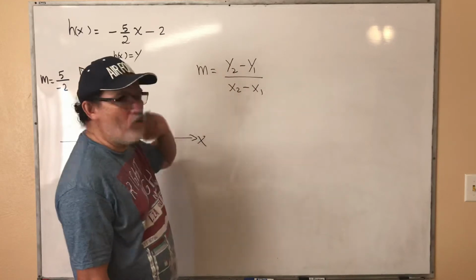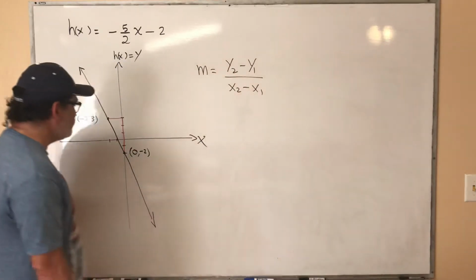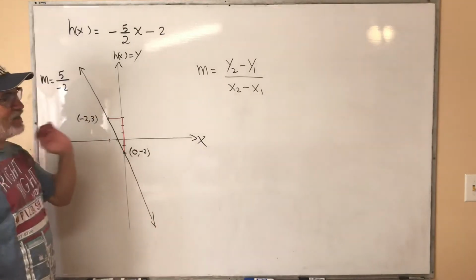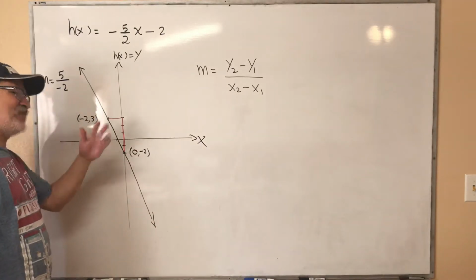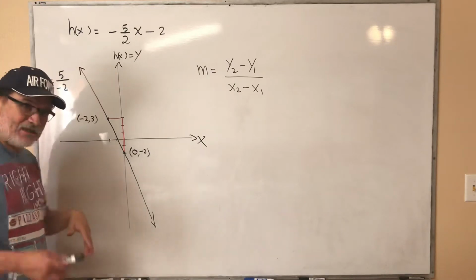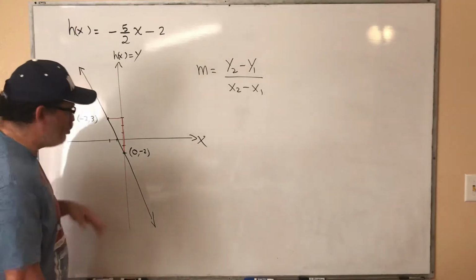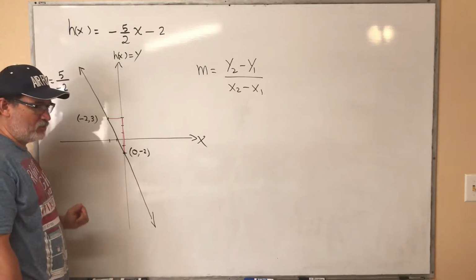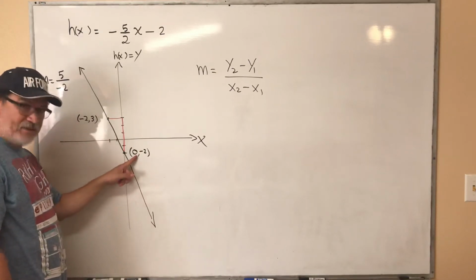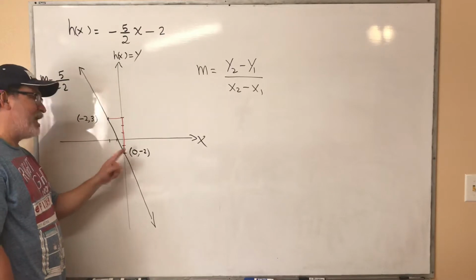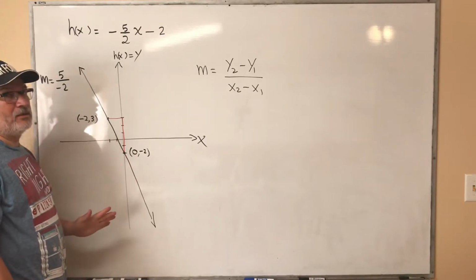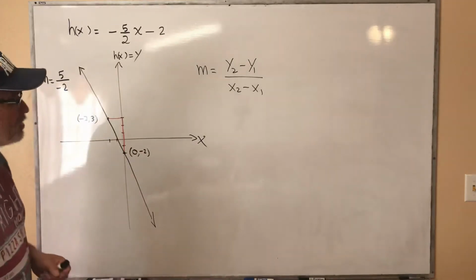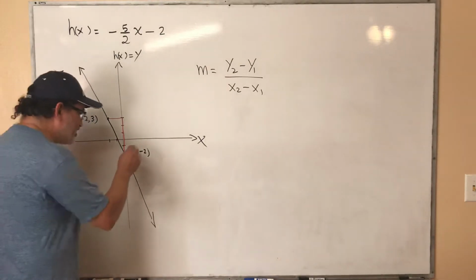You have to label one of these the first point, and the other one the second point. It doesn't matter which one, guys. Let me ask you, which one do you want to label the first point? You want to label this one the first point? Okay. I'm going to label this one the second point. Why? It doesn't really matter. That's my point. Watch this. I'm going to call this the second point.